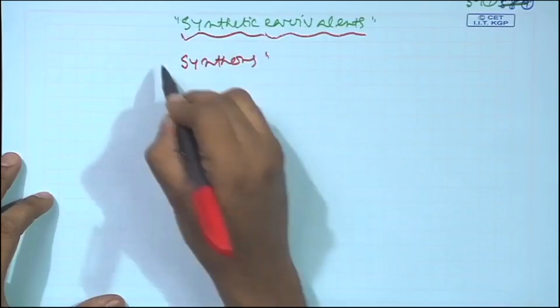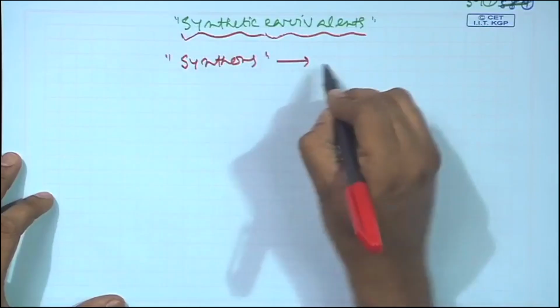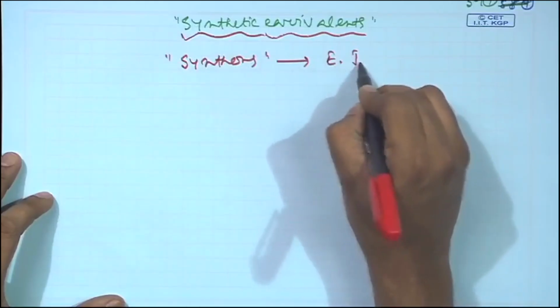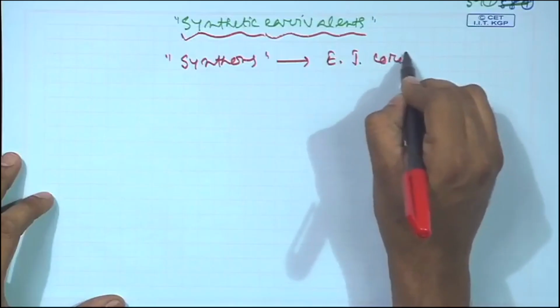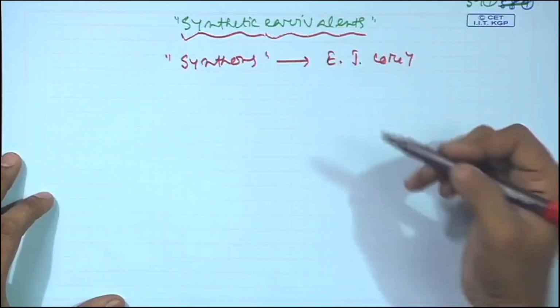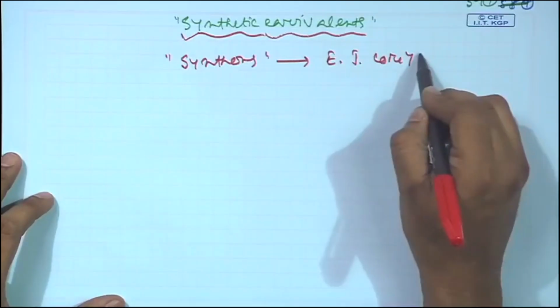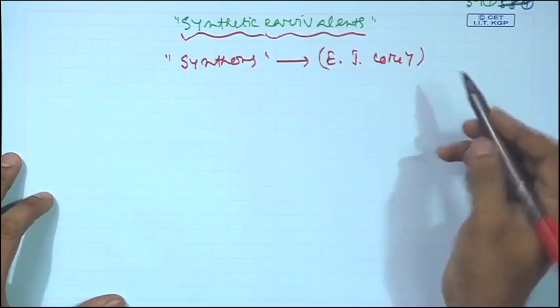Now, the term synthon was first invented by Professor E.J. Corey, who is also the principal fellow who first coined the term retrosynthesis.